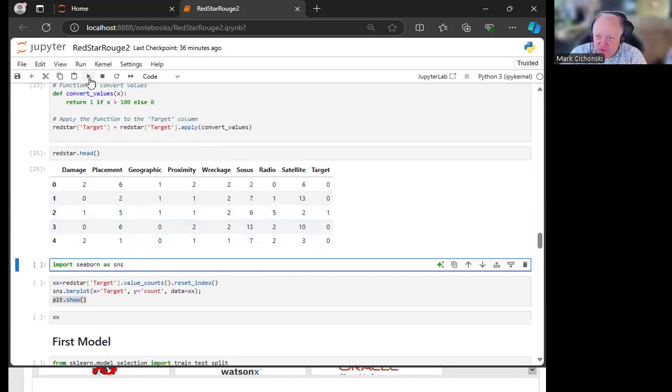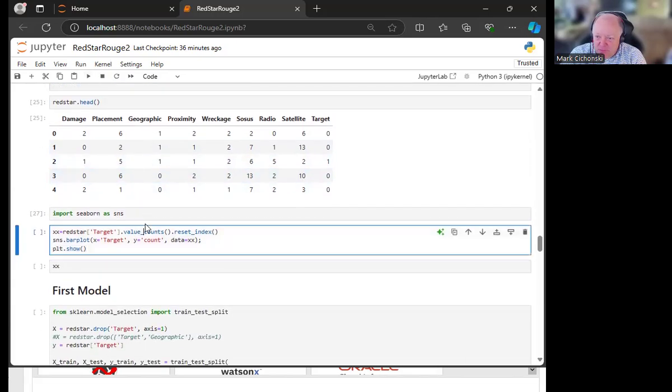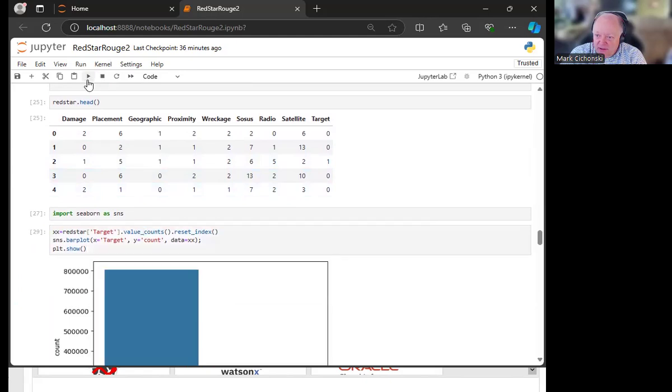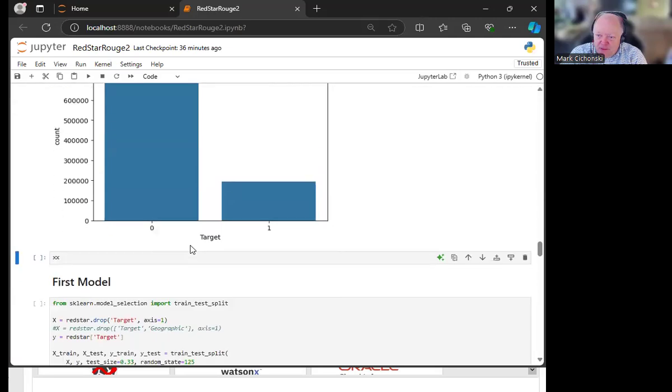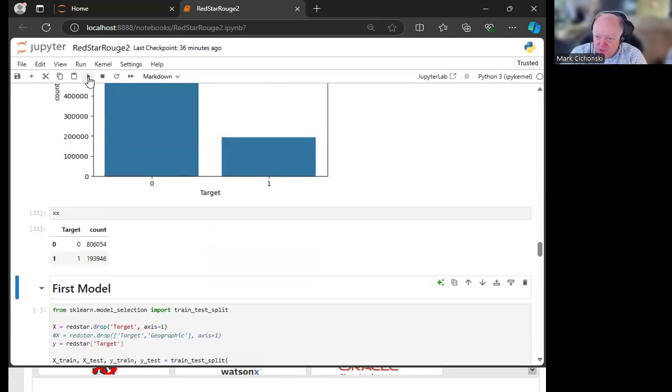And then this is just a bar plot showing what it looks like. You can see here, there's a lot more zeros than there are ones. This just shows me that I have 806 zeros and 193,000 ones.